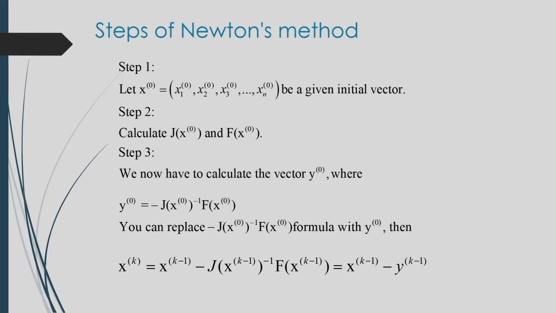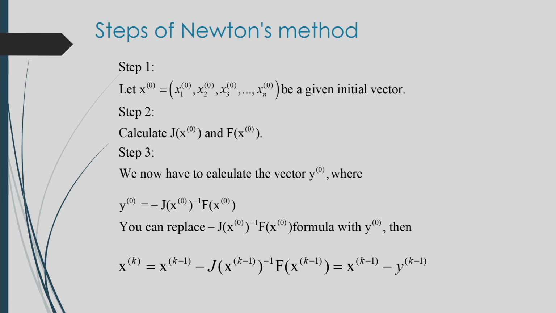Now, if we consider the steps of Newton's method based on this nonlinear set of equations, then at the first step, let x0 be equal to (x1^0, x2^0, x3^0, up to xn^0), and it will be the initial vector of those variables x1 to xn.